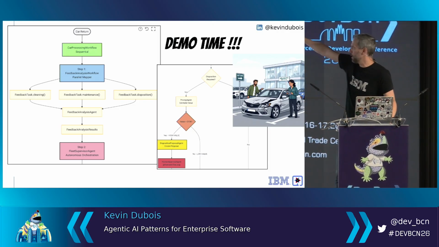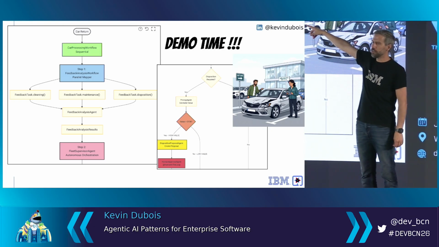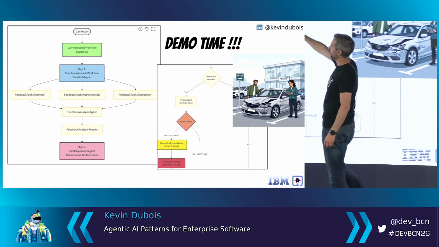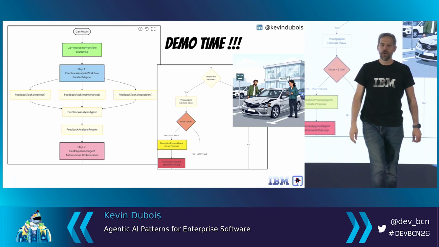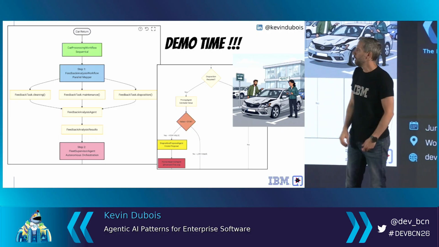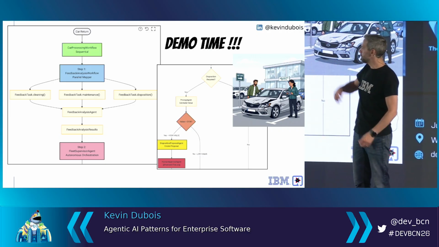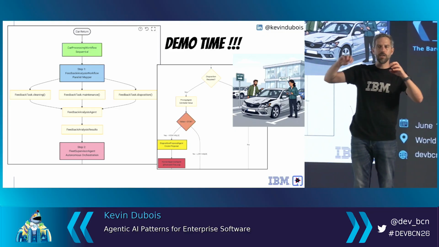You can see here the initial flow, which is somebody returns a car. We see that there's a sequential flow, and the first step of that sequential flow is the feedback analysis workflow, which is going to call 3 agents in parallel. It's going to call a cleaning, a maintenance, and a disposition feedback task to analyze the message from 3 different angles.